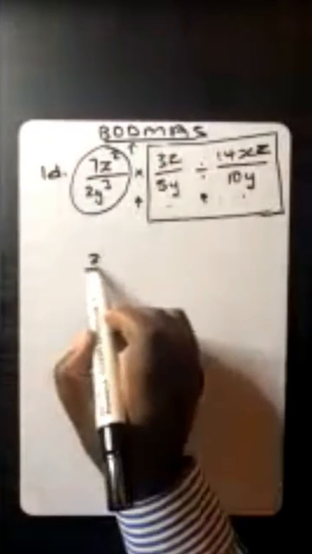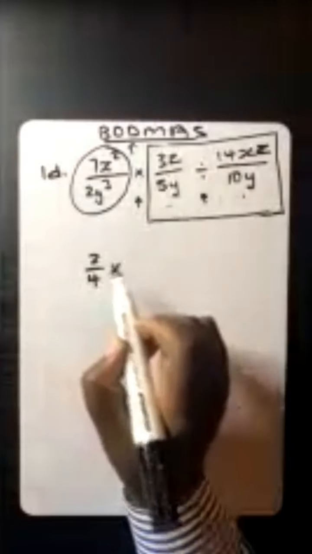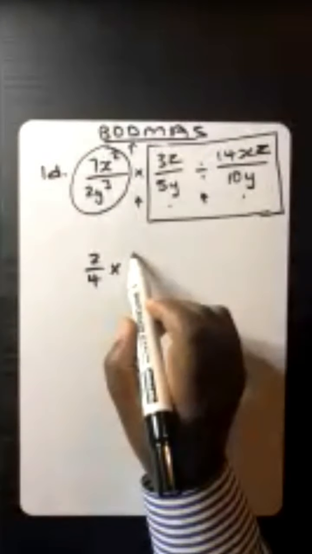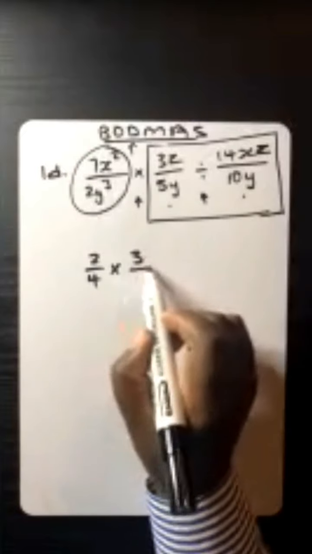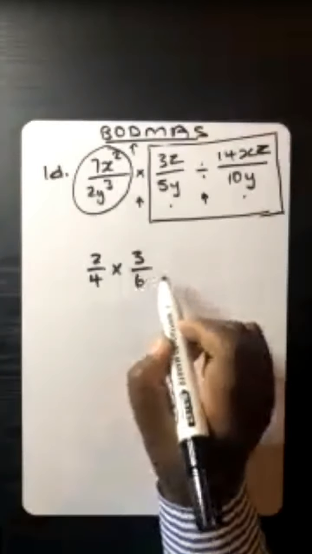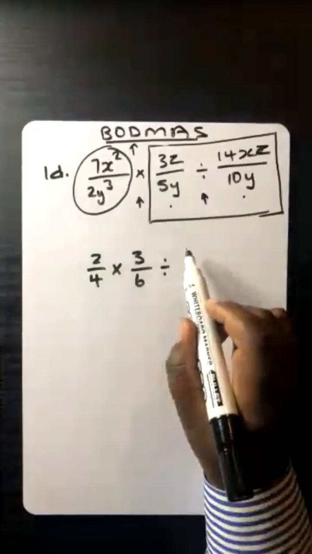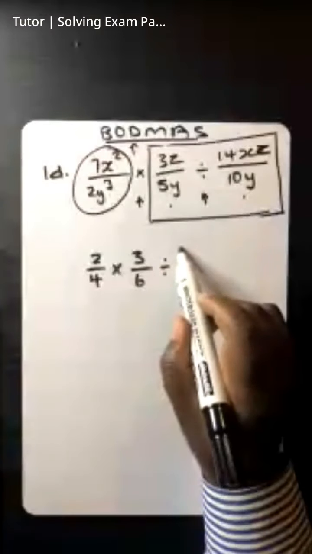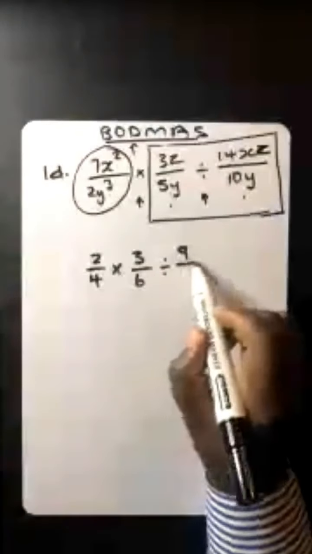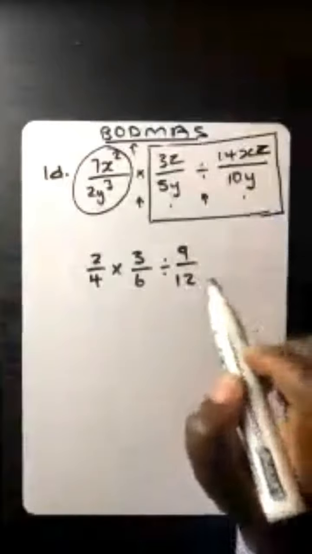Let's say maybe you had 2 over 4 multiplied by 3 over 6, divided by 6 over 9 divided by 12.